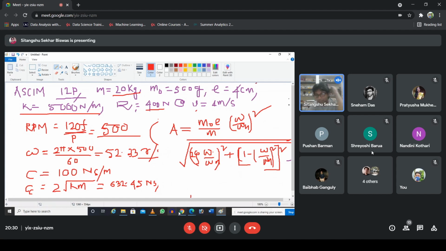So this is the amplitude. Now find out and tell me what is this value. We know M0 is 0.5 kg and E is 4 centimeters. So you convert into meter and put all the values, because we know all the values.